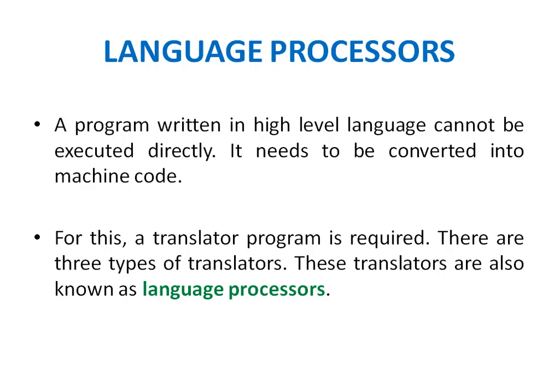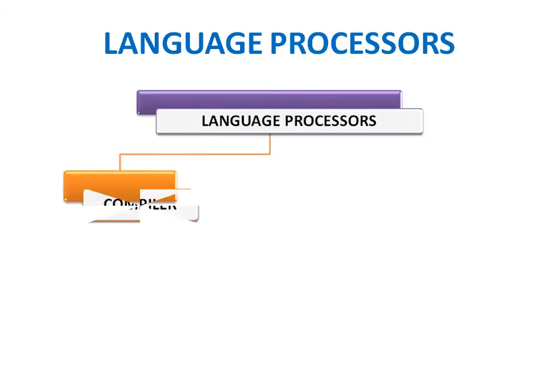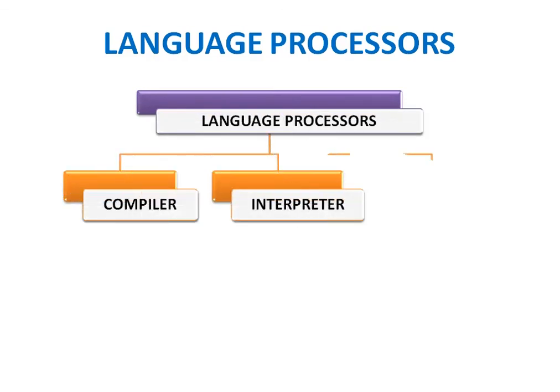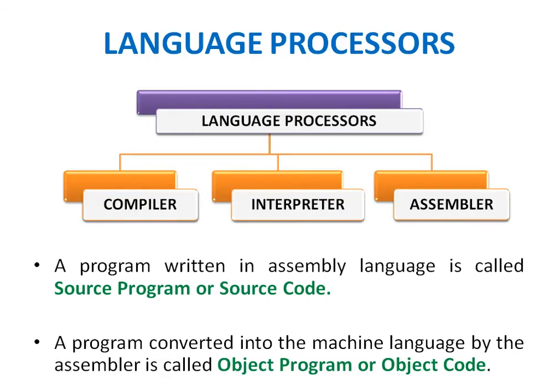These translators are also known as language processors. Basically, there are two broad categories of language processors: compiler and interpreter. However, some people also categorize an assembler as a language processor, but some do not. So let us not go into that discussion.